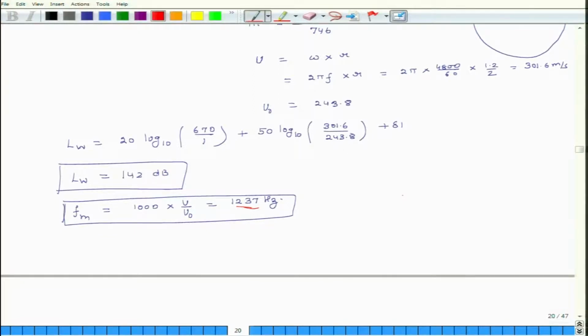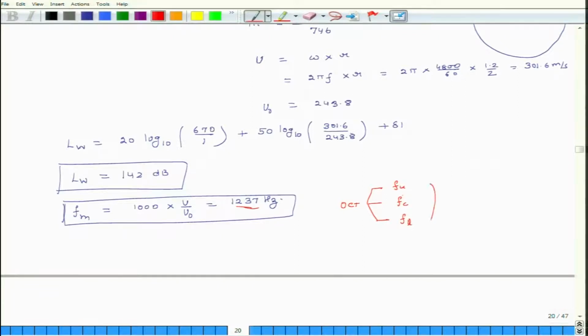Remember, an octave band has 3 frequencies: a central frequency, a lower frequency, and an upper frequency.